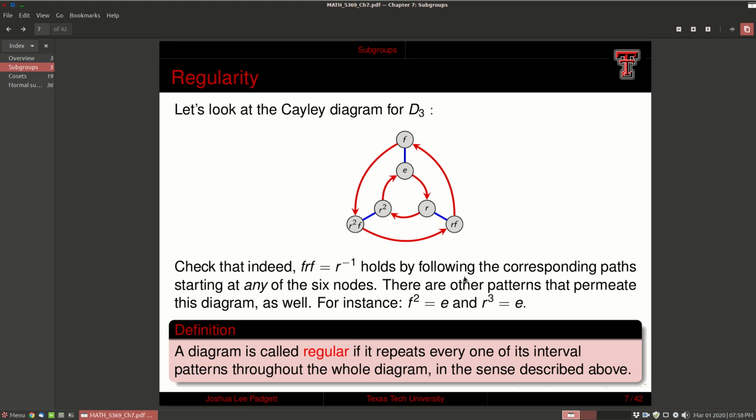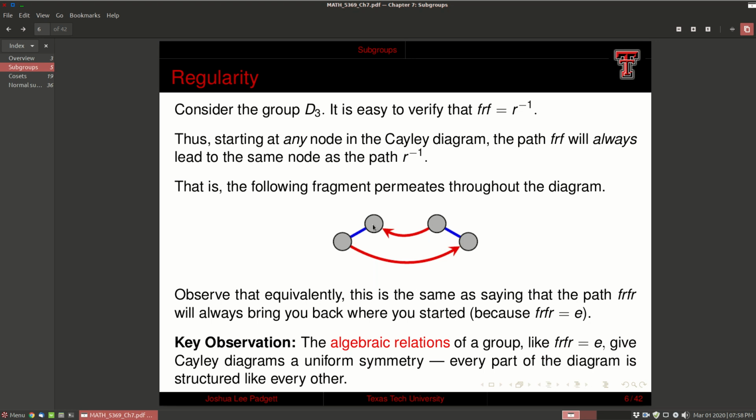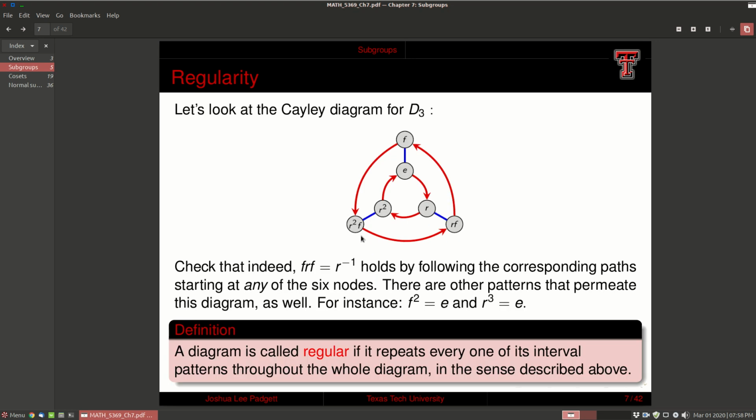So this is our actual picture of D3, and what you can see is what was on the previous page right here. If my mouse isn't showing up, it's the only picture on this page. It's actually the bottom part of this D3 diagram. For instance, it's the part that goes from R to R squared to R squared F to RF.